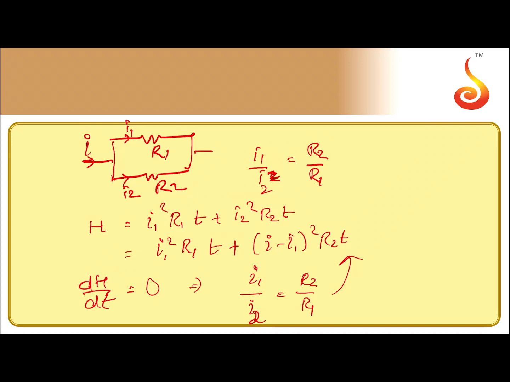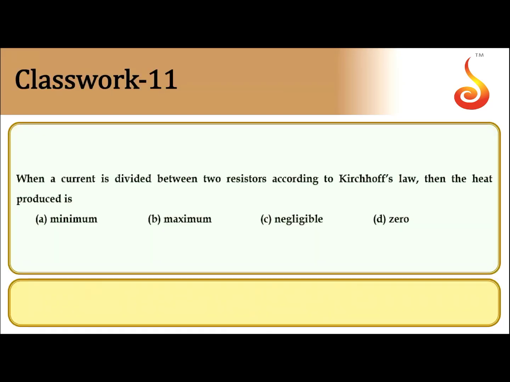What does it mean? It means that the heat produced is either maximum or minimum. I can take the second differential and cross check, and if the second differential turns out to be positive for this value, it implies that the heat produced is minimum, which indeed is the case here. So heat produced is minimum.